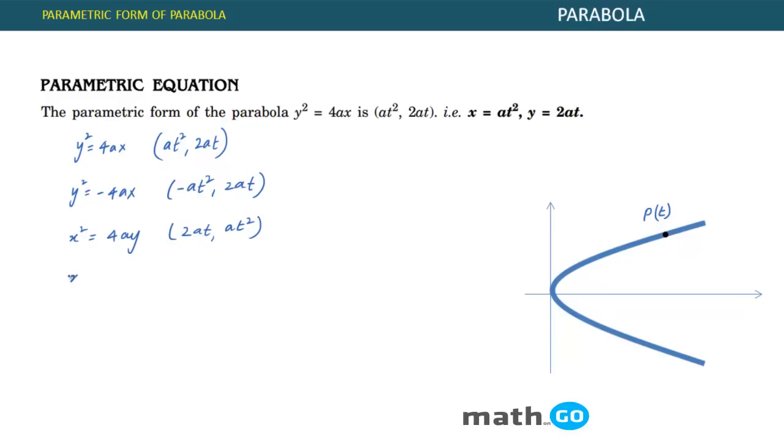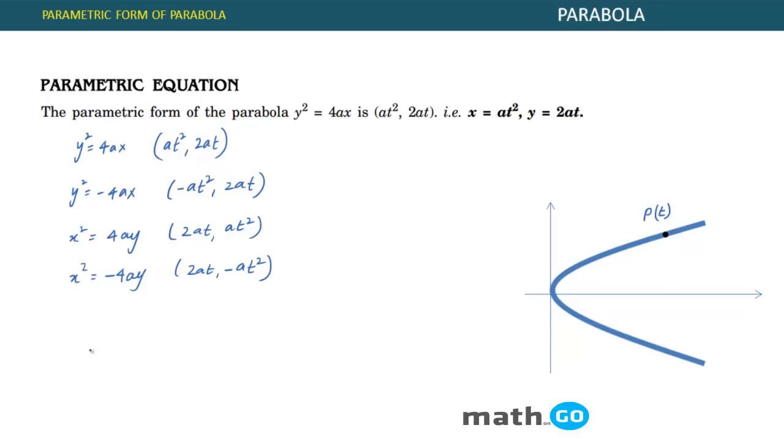And if I have to take x square equal to minus 4ay, it will be what? Where will you put the minus sign now? In the ordinate. So it will be 2at comma minus at square. So this is how you take parametric points on a parabola, right? Got it?